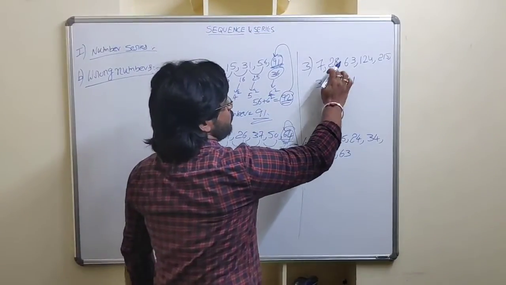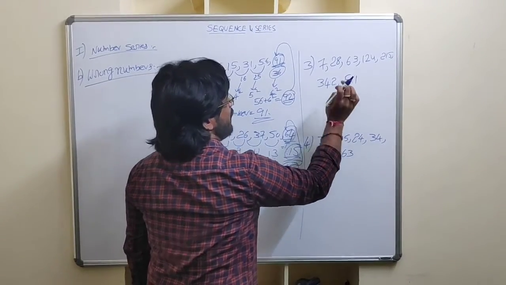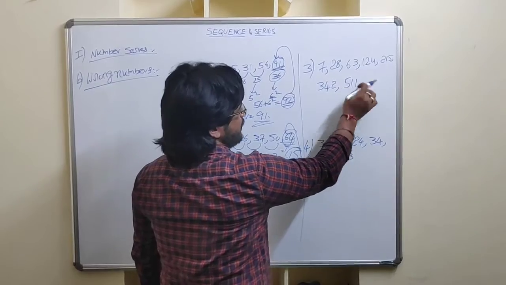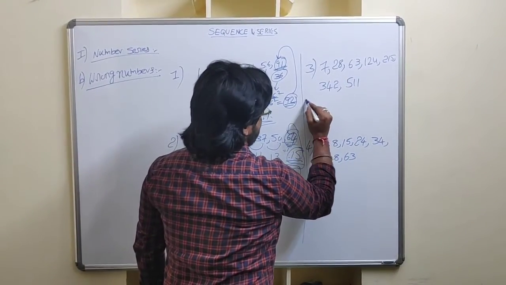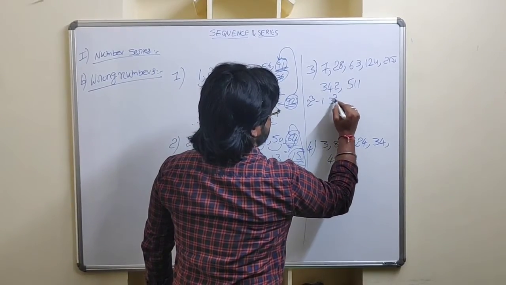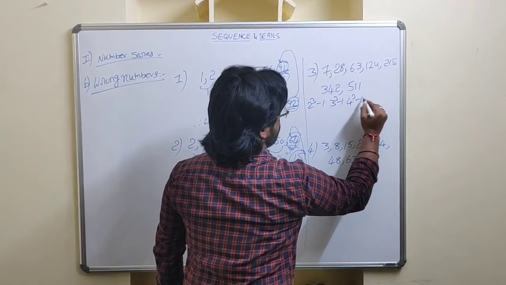The third question is 7, 28, 63, 124, 215, 342 and 511. When you observe this question carefully, it is near to cubes. So 7 can be written as 2 cube minus 1, 28 as 3 cube minus 1, and 63 as 4 cube minus 1.